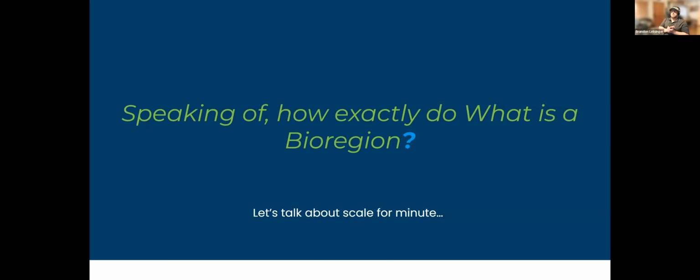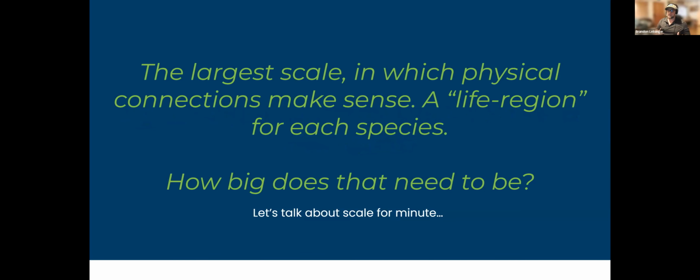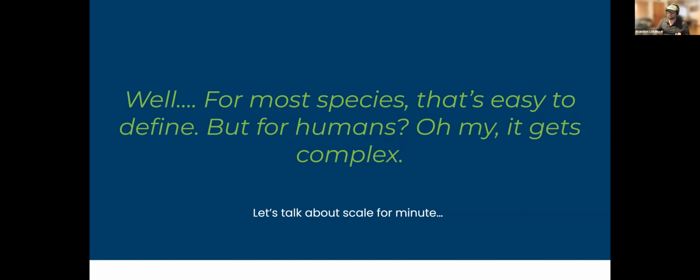So just to talk for a second about what is a bioregion? A bioregion then is the largest scale in which physical connections make sense. It's a life region for each species. So how big does that need to be? For most species, that's really easy to define. For starfish, for deer, for other things.